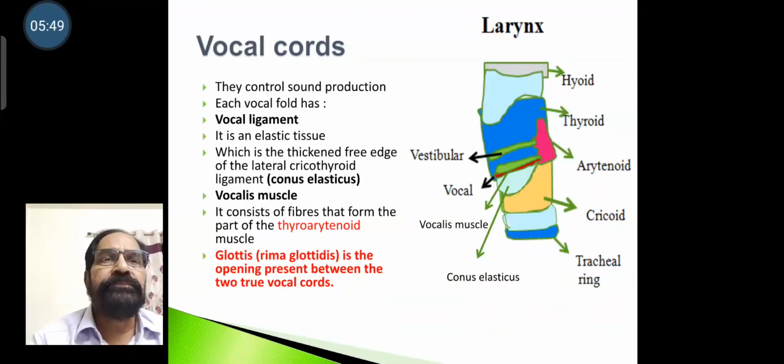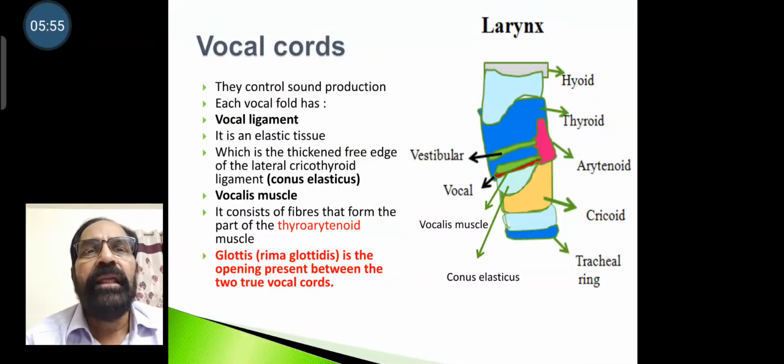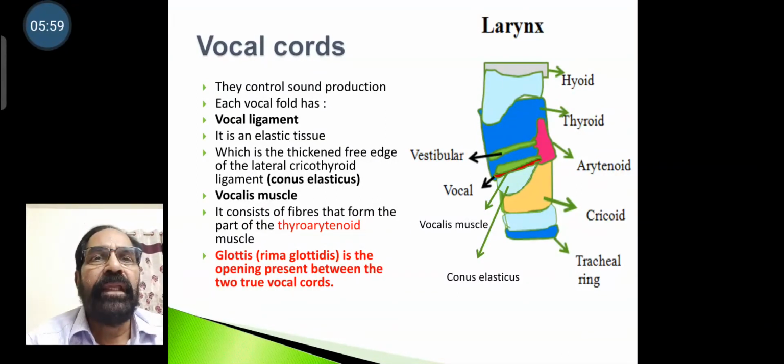Vocal cords. You can see in the picture vocal cords. They control sound production. Each vocal fold has vocal ligament. What is vocal ligament? It is an elastic tissue, the thickened free edge of conus elasticus or lateral cricothyroid ligament.